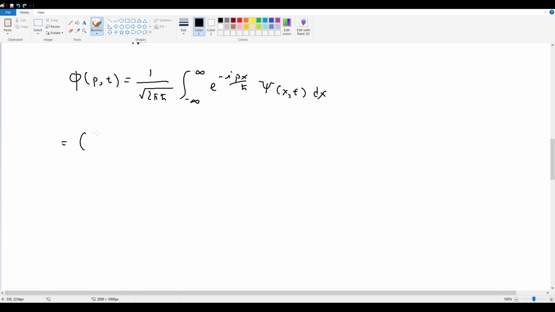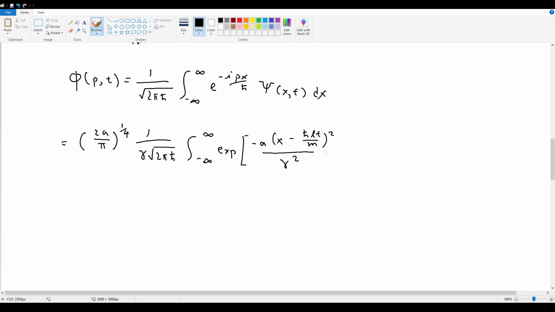This is going to equal (2a over pi) to the power of 1 over 4 times 1 over gamma times the square root of 2 pi h bar times the integral from negative infinity to infinity of the exponential of this disgusting thing: negative a times (x minus h bar l t divided by m) squared divided by gamma squared, plus i l x, minus i h bar l squared t divided by 2m, minus i p x divided by h bar, and this is all in terms of dx.